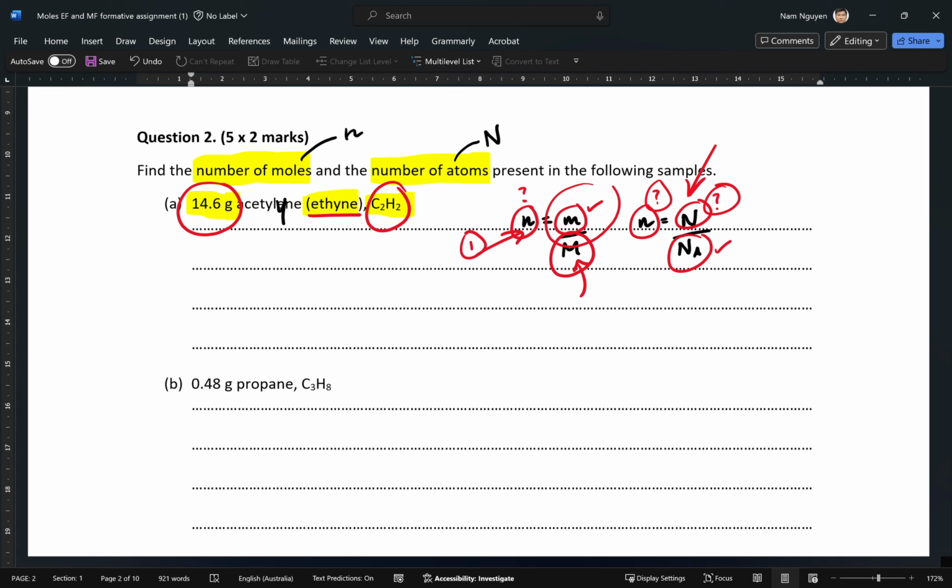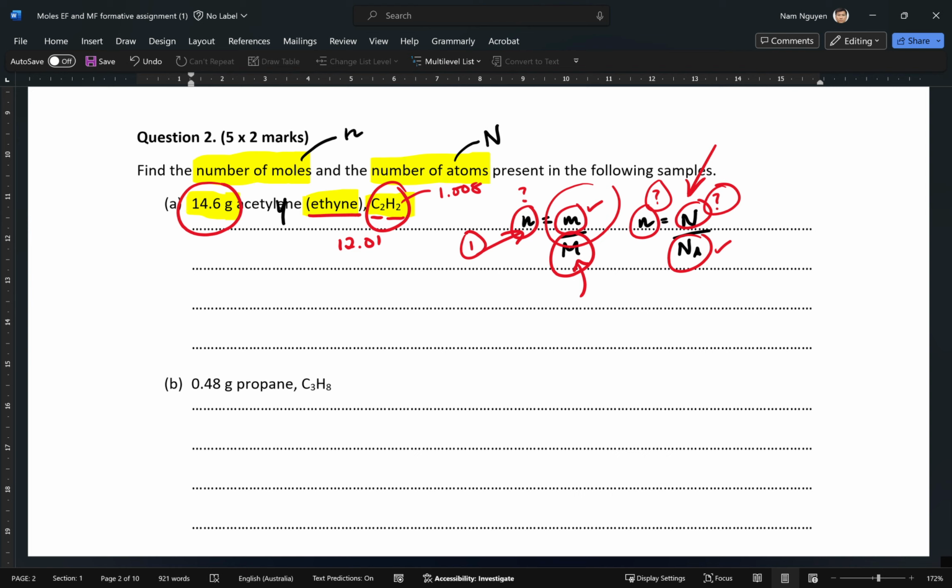So ethyne is made of 2 carbons and 2 hydrogen atoms, and using our periodic table we know that carbon is 12.01 grams per mole, and hydrogen is 1.008 grams per mole.